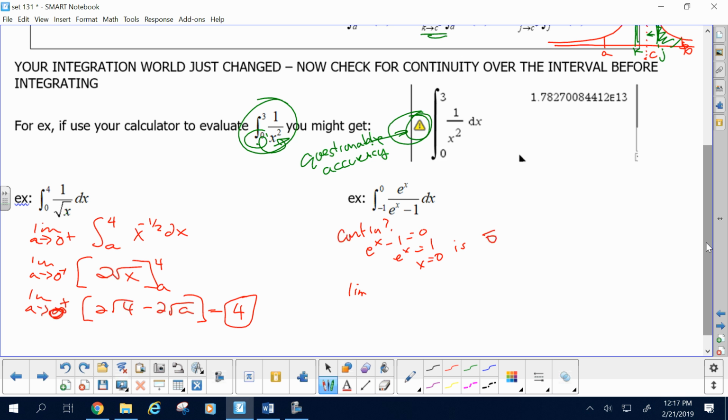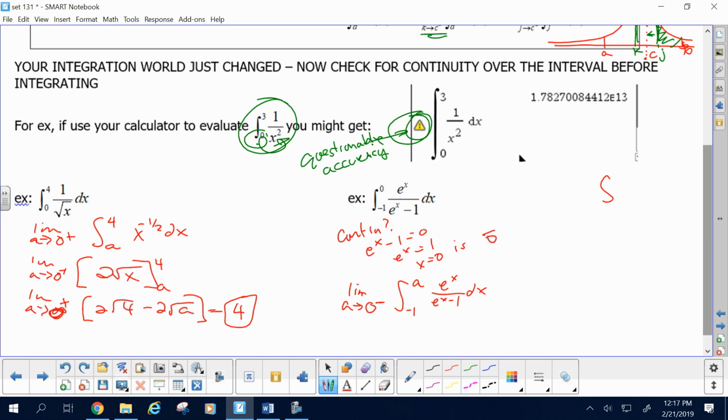So you're going to approach the right edge from below. So you let the limit as a goes to 0 from the left of the integral from negative 1 to a of e to the x over e to the x minus 1.